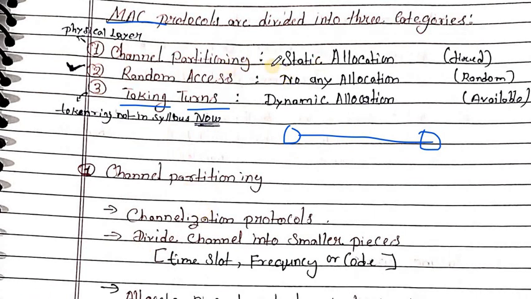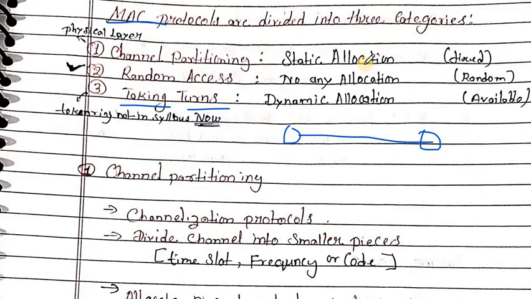We allocate the channels to the hosts on the basis of time, so that from this time to this time this host will transmit the data, and from this time to this time this host transmits the data.